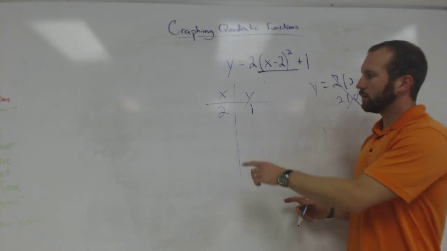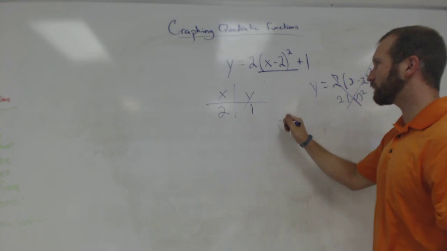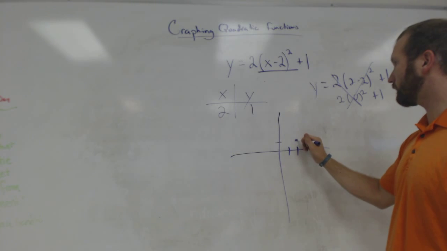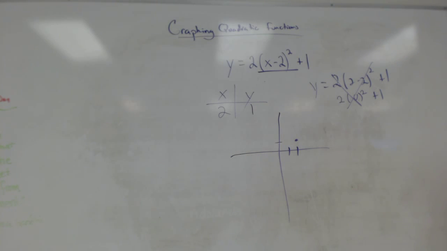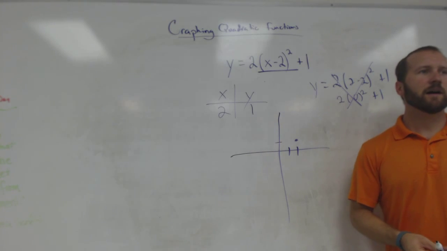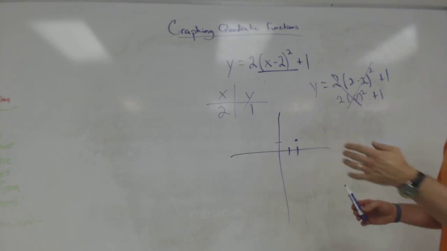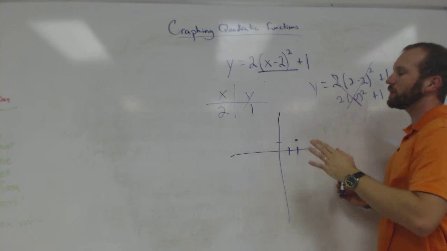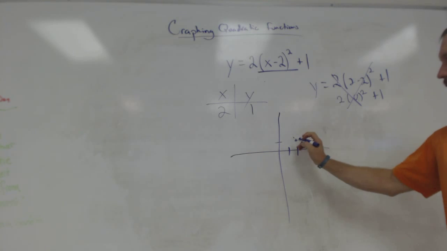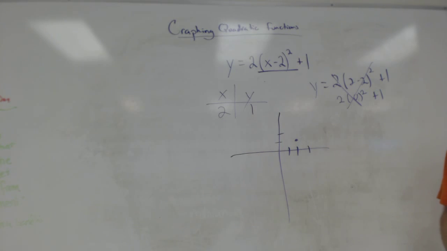Okay? So, if that's your vertex, 2, 1. Did I do that right? I think I did that right. Okay. 2, 1 is our vertex. Where do I go from there? Just looking at this, you can tell me if I go over 1, how many should I go up? It may not seem obvious at first.